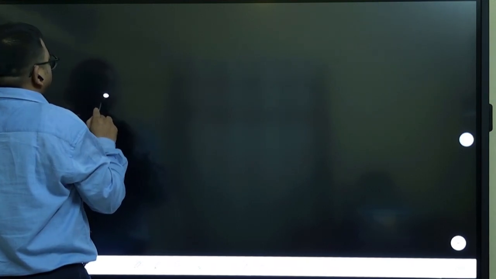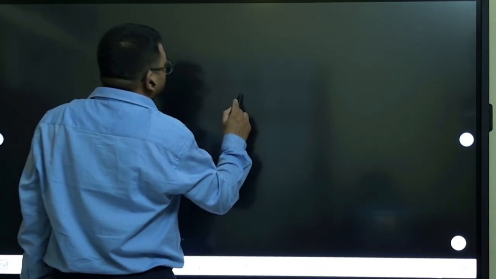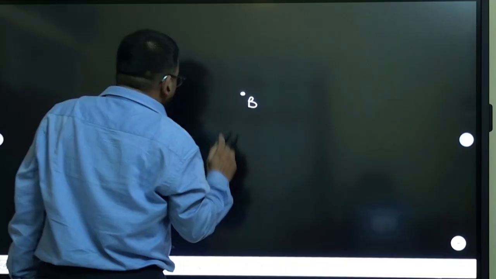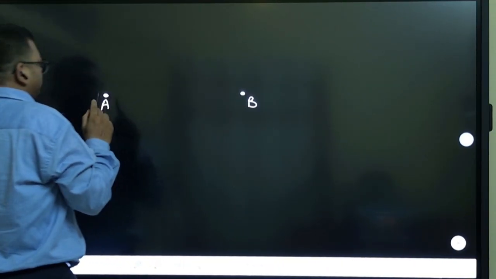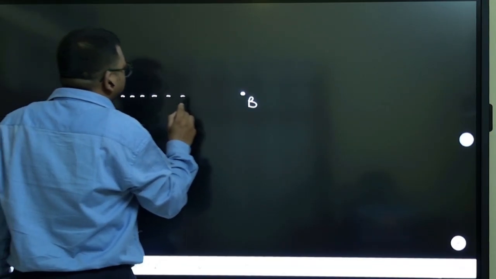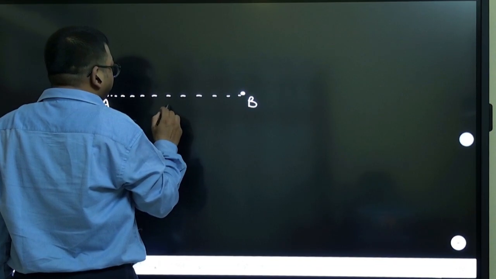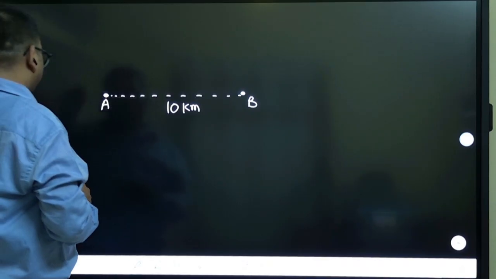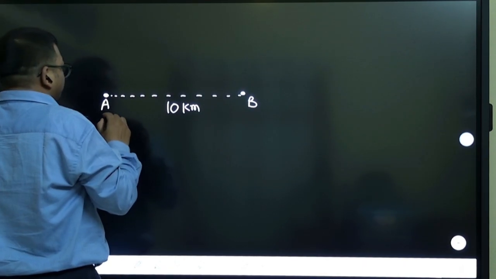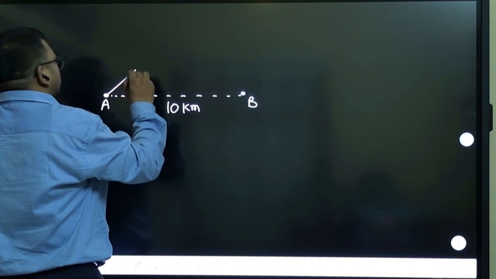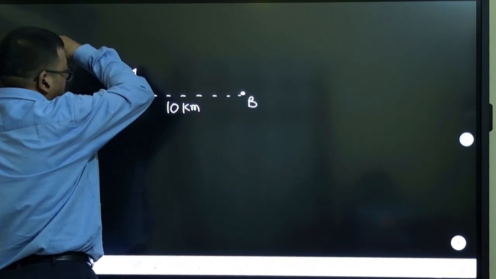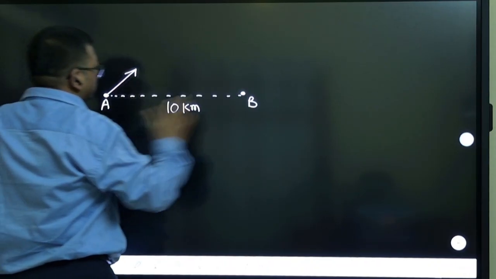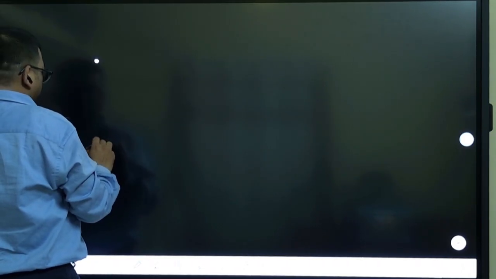Let us say this is A and this is B. This is the line joining them. Let us say maybe we take a good question like this. Let us say that these two points are there.